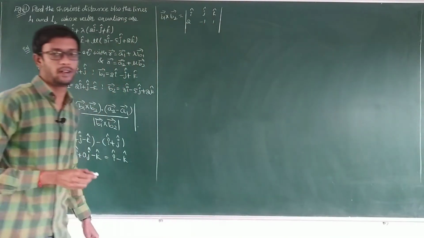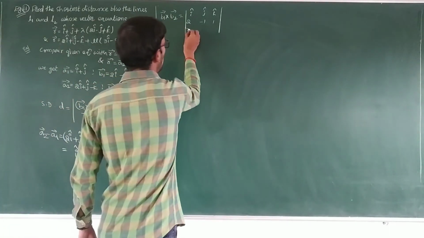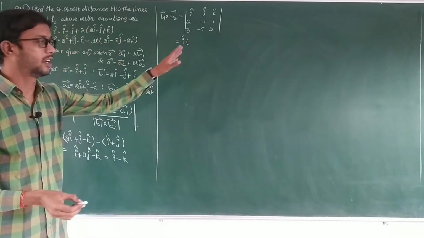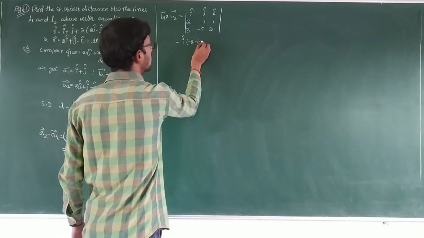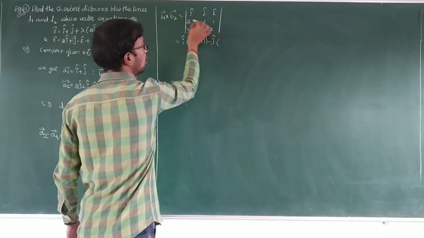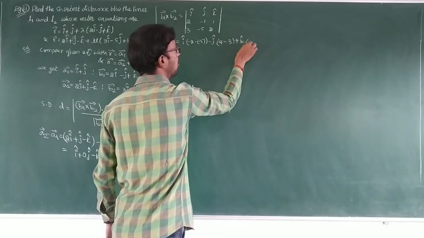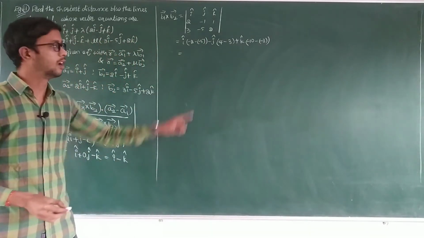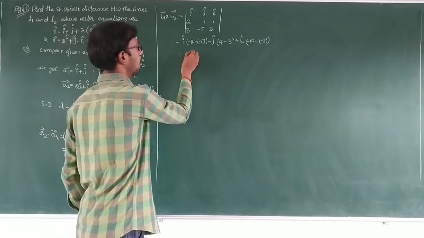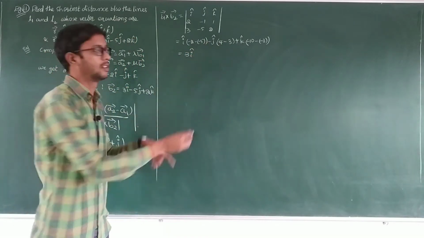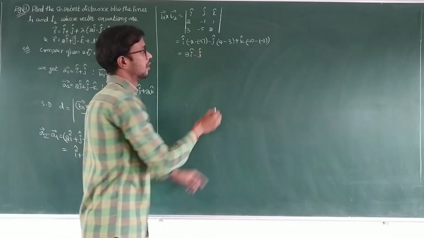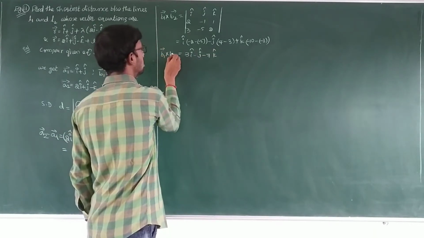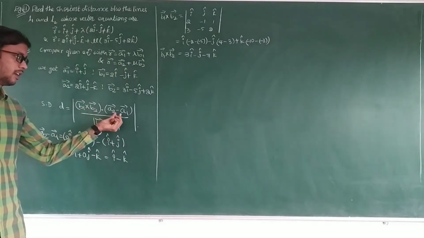And B2: 3, minus 5, 2. You already know determinant finding, so directly I can write here: I cap into (minus 2 plus 5), which is 3I cap; minus J cap into (4 minus 3), which is minus J cap; plus K cap into (minus 10 plus 3), which is minus 7K cap. So B1 bar cross B2 bar is 3I cap minus J cap minus 7K cap. This one is completed and this one also.